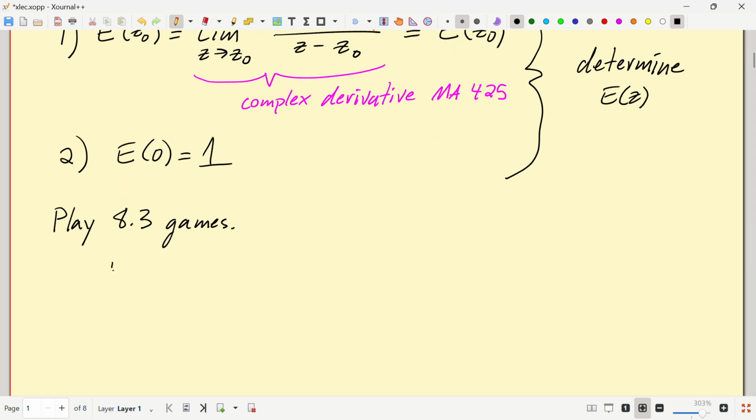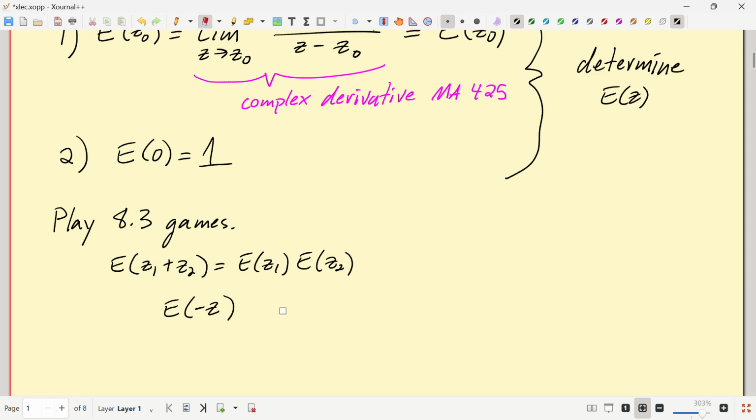We'd find out that e of z1 plus z2 is e of z1 times e of z2. And we would find that e to the minus z is 1 over e to the z. I guess the thing is e to the minus z times e to the z is 1.